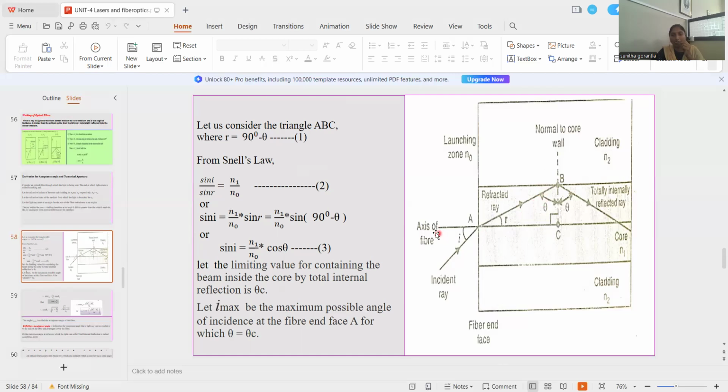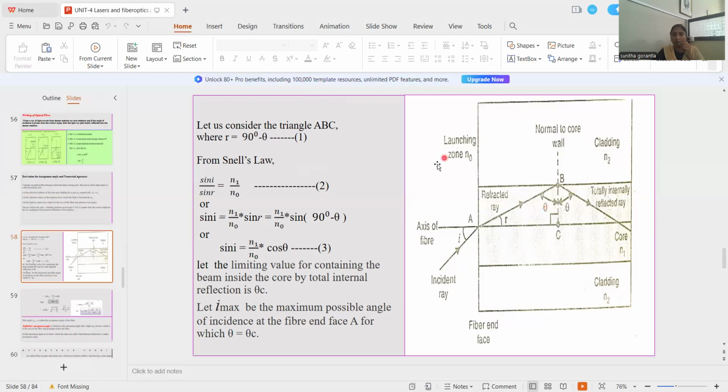So when I is equal to I maximum, which means the acceptance angle, theta is equal to theta c, and the light ray travels along the core-cladding interface. When I is less than the acceptance angle, theta is greater than the critical angle.